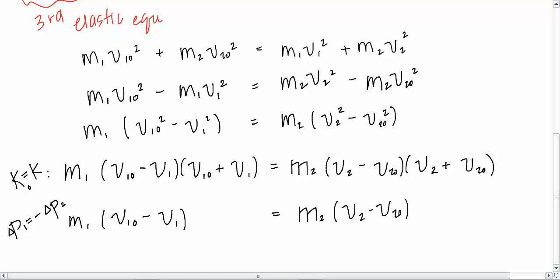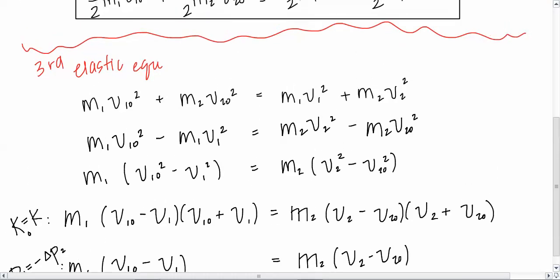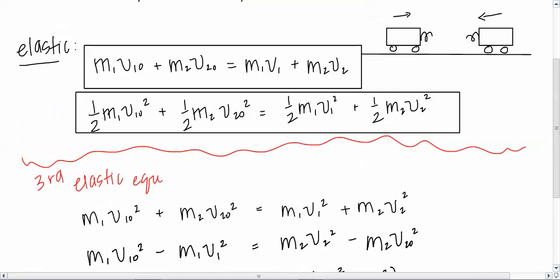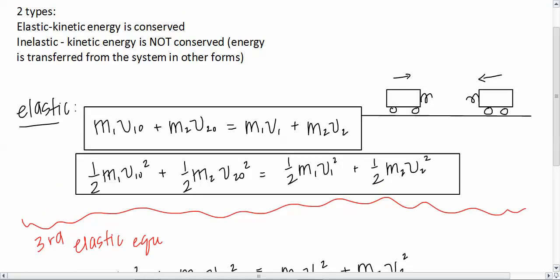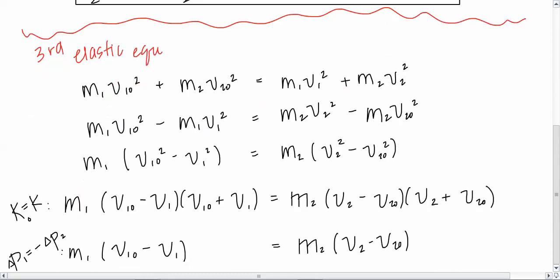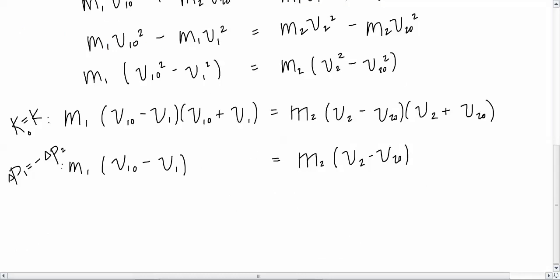So if you want to see real quick where in the world I got this momentum equation, m1 times (v1 naught minus v1) is equal to m2 times (v2 minus v2 naught), if we go back up to the conservation of momentum equation, I'm going to rewrite it down here. m1 v1 naught plus m2 v2 naught is equal to m1 v1 plus m2 v2.